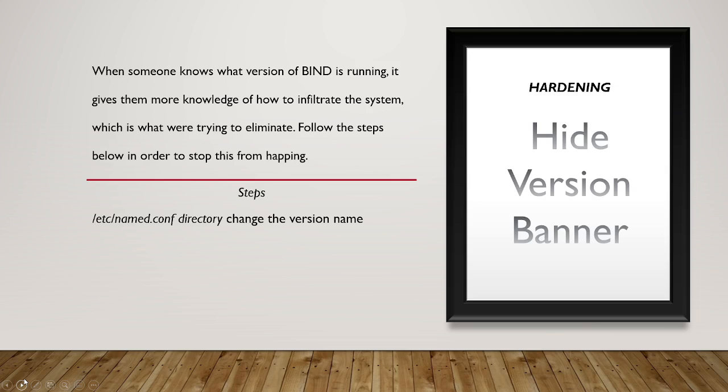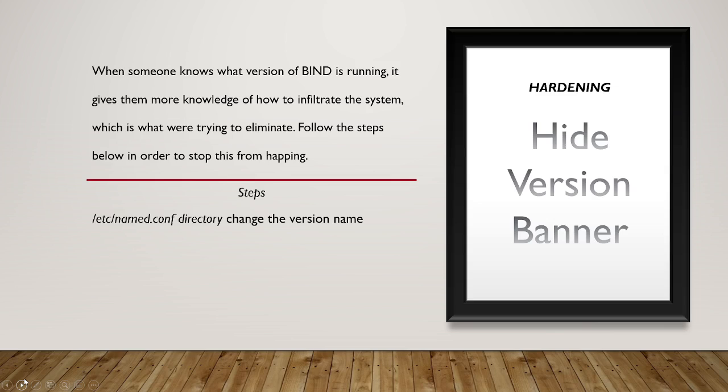Now, some features for hardening it is, of course, hiding the version banner. If I'm a hacker and I know you have version 8 or 9 or 6, and I can look that up, or I'm used to hacking those types of versions, of course I'll know how to get into your system.